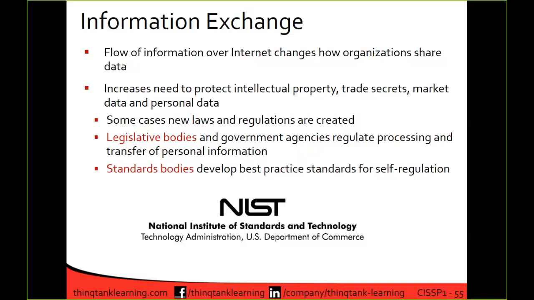Now, a legislative body is different than a standards body. Standards bodies define best practices, but legislative bodies define and actually regulate the practice that we define as part of our standards body development.